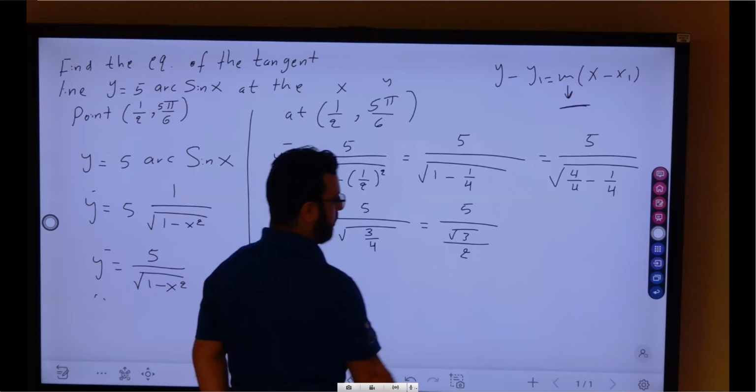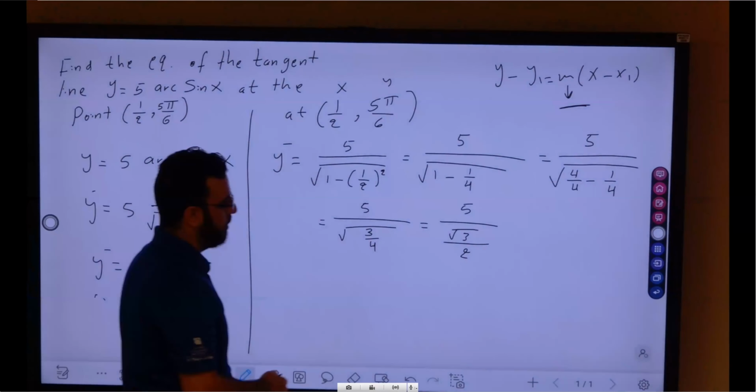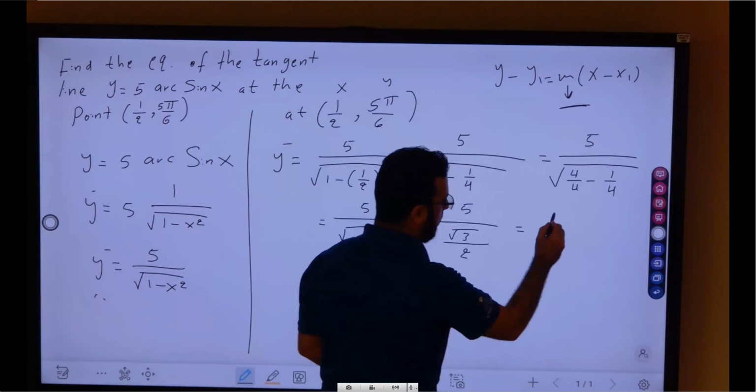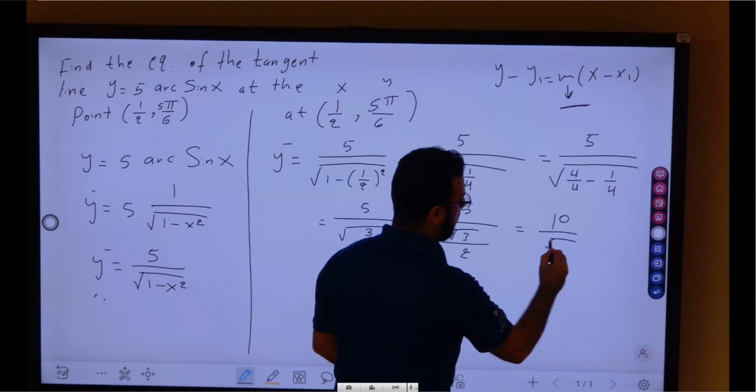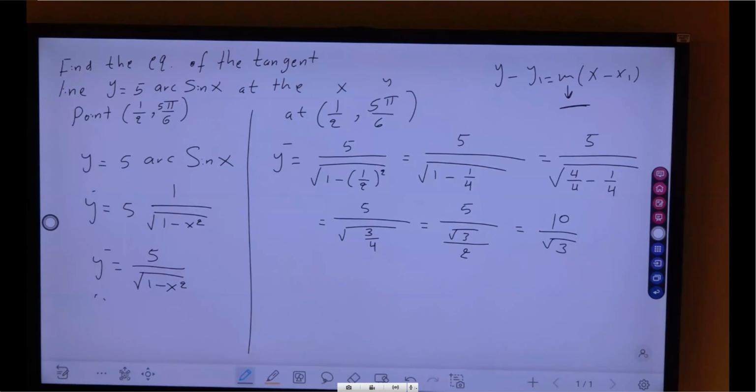Yes or no? That means, write down this, flip this one, so it's going to be 10 over the square root of 3. Yes or no? Yes. That's it. This is the slope.